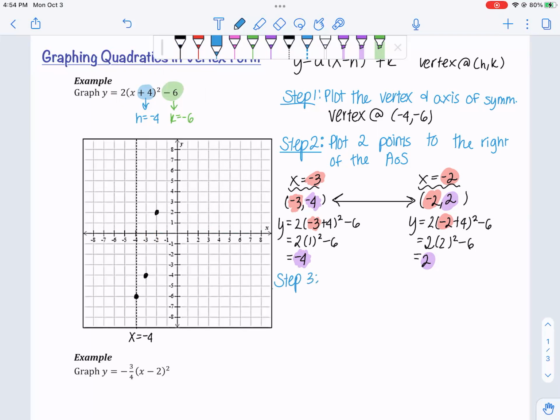Step 3, use the axis of symmetry to plot 2 additional points to the left of the axis of symmetry.